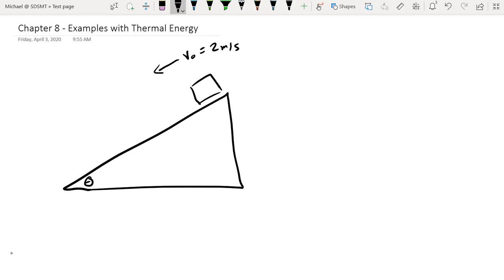And then as our mass displaces down the length of the incline, there will be work done. Energies will change. Velocity will change.